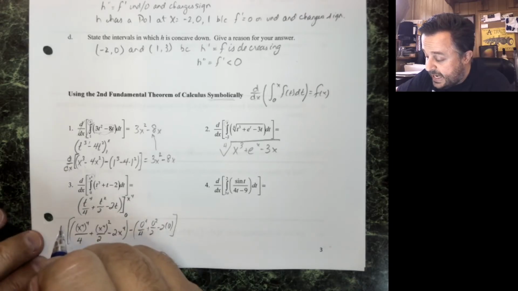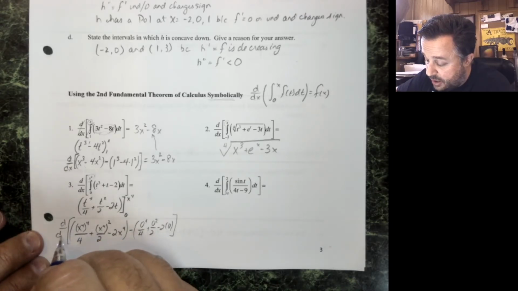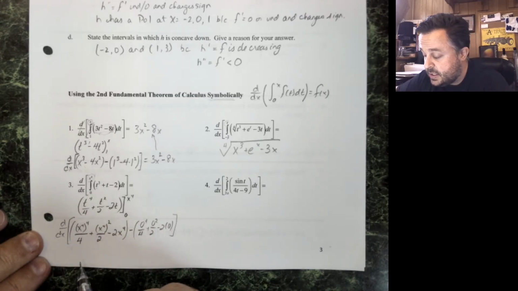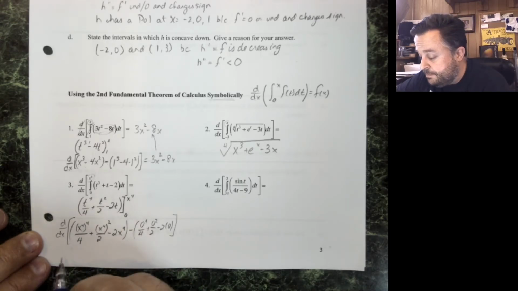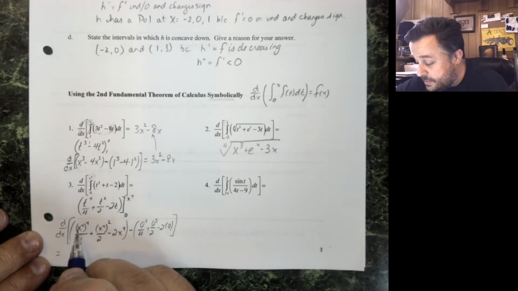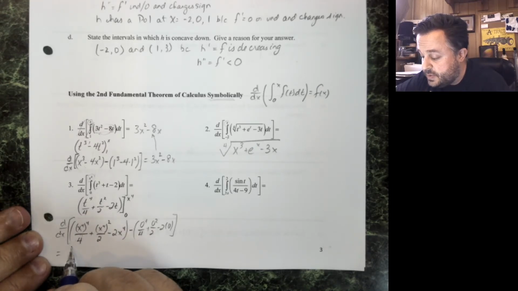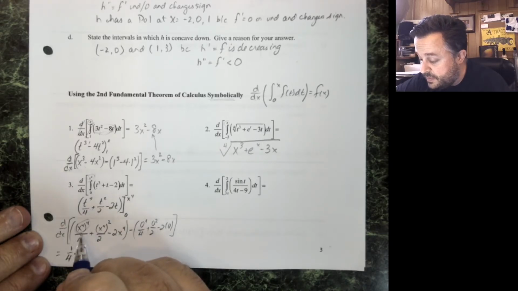So let's go ahead and take the derivative of all of this. This is easier if we think of this as 1/4 times all of this. So the derivative is going to be 1/4 times the derivative of this.